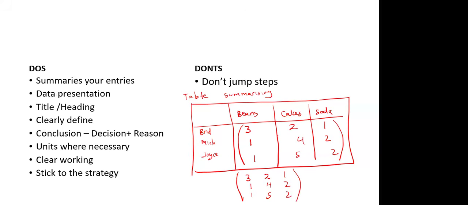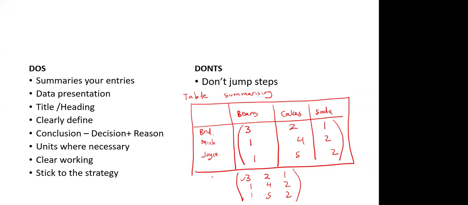But after you have summarized. Why? Because someone who is going to be marking you has to know that the first entry is for Bridget and it is representing beans. The second entry is for Bridget and is representing cakes. The third entry is for Bridget and is representing soda. But you don't just come out of the blue and write your matrix without showing what they represent.